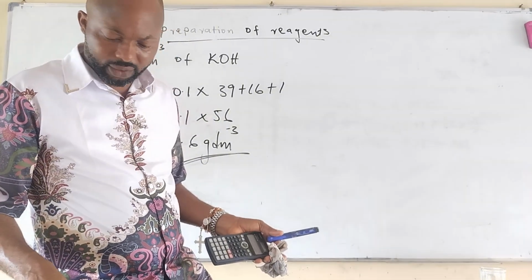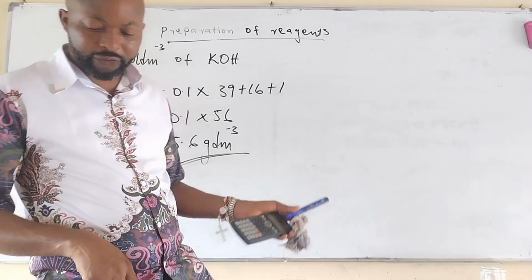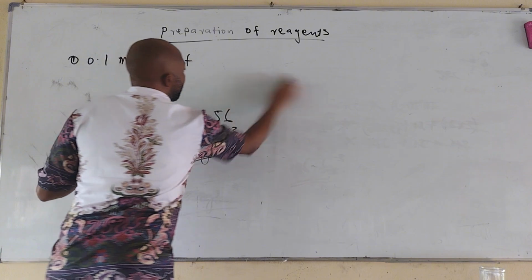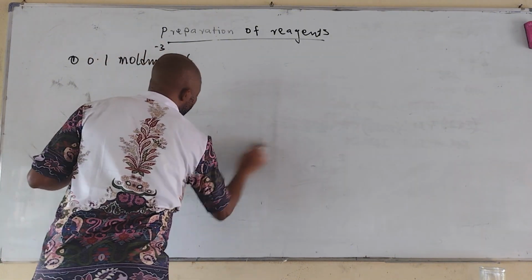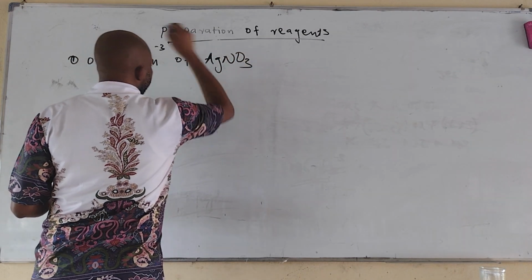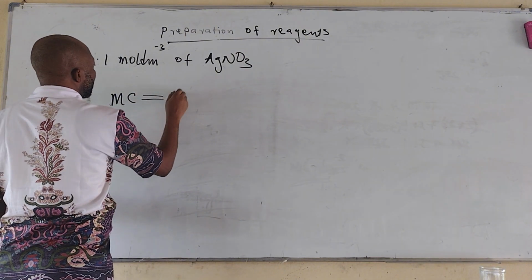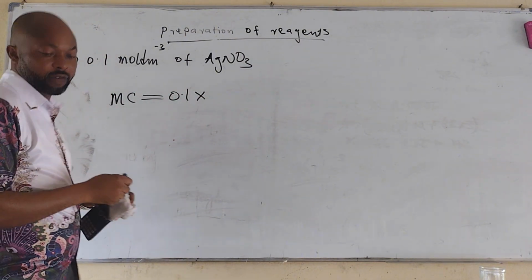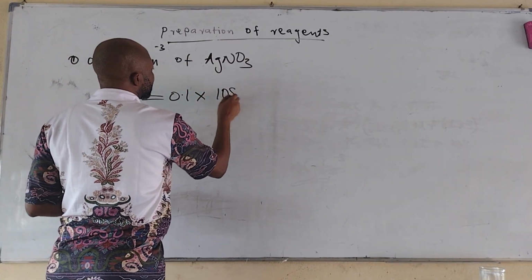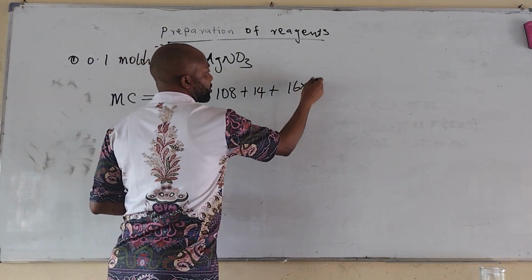Okay, let's take the last question here: 0.1 mole per dm³ of silver nitrate. Our mass concentration is equal to 0.1 times the relative molecular mass. Silver has a relative atomic mass of 108, plus nitrogen is 14, plus oxygen is 16 times 3.